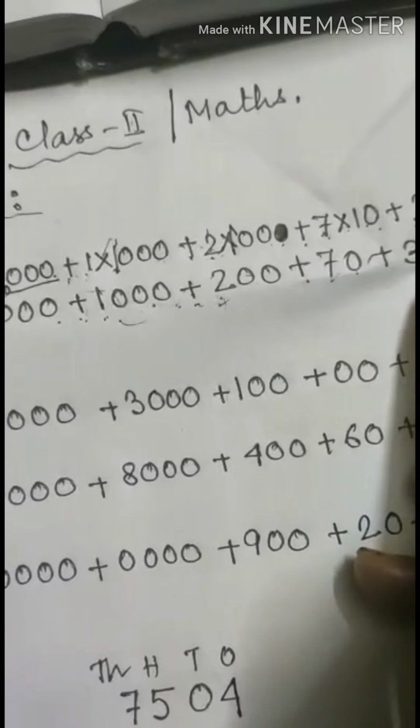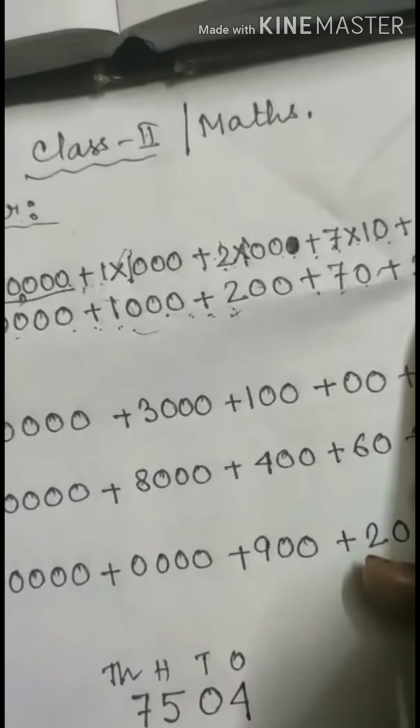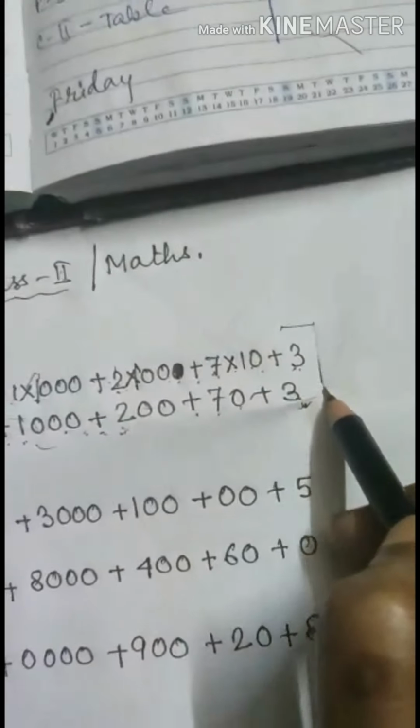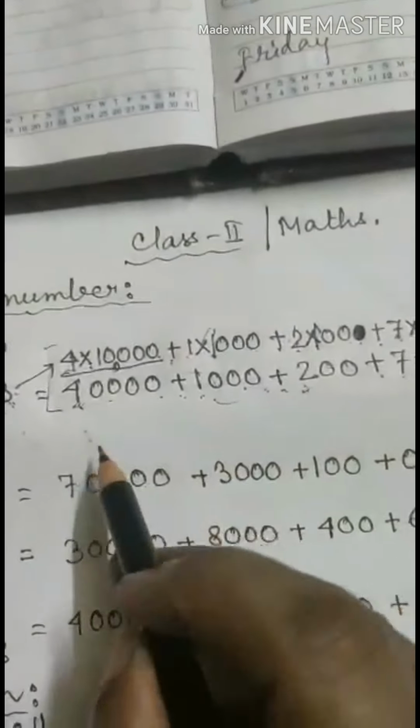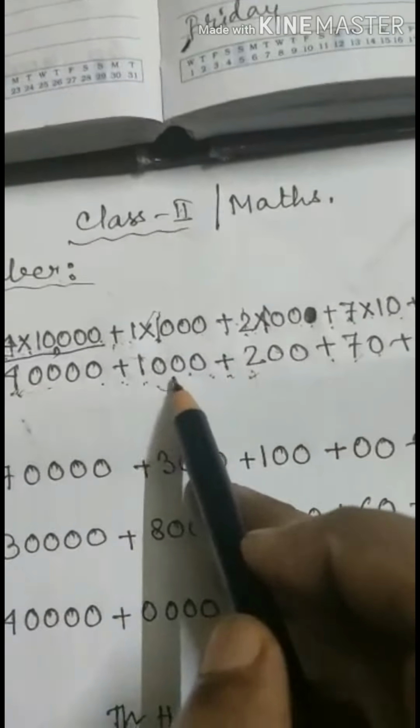I have to add these numbers to get the main number. Okay, and this is the expanded form of the main number: 40,000 plus 1,000 plus 200 plus 70 plus 3.